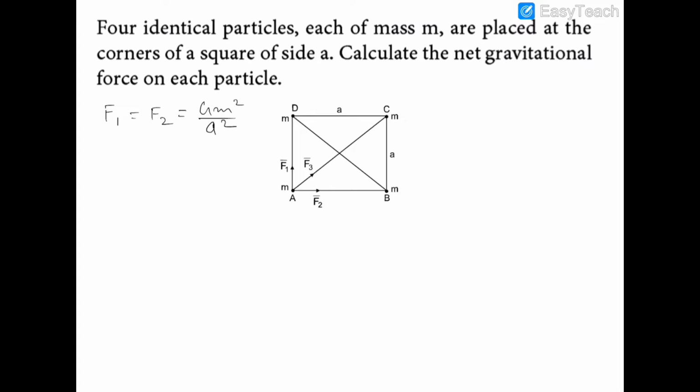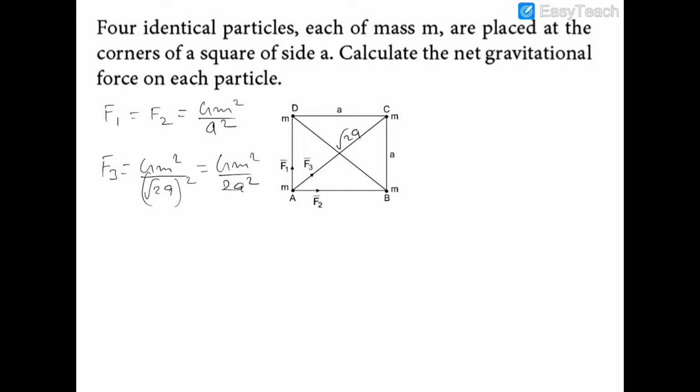So this force is, let's suppose, F1, and this F3 will be equal to G m square, m into m, upon this distance. This distance would be root 2a, the diagonal of the square. So it is root 2a whole square, so this is G m square by 2a square.